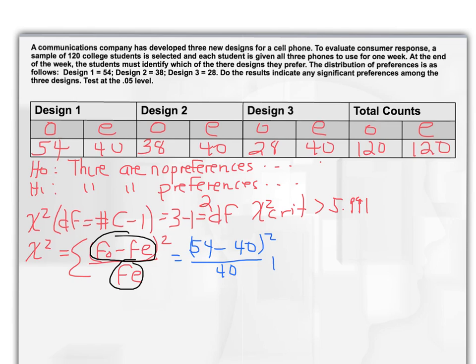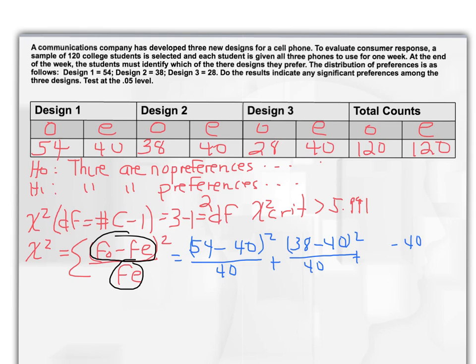We're going to square that difference, and we're going to divide by 40. We're going to add to that the results from doing this analysis with cell 2. We're going to take 40, subtract it from how many students said they preferred design 2, 38, square that difference, and divide by 40. And finally, in cell 3, we have an expected frequency again of 40.